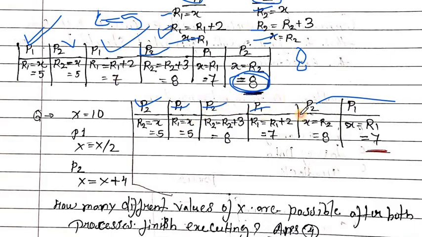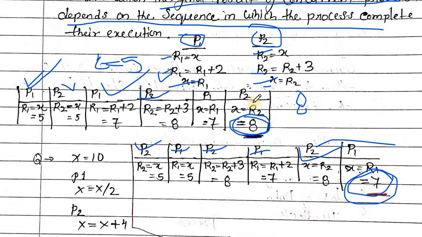Then at last P2 gets to run, X is equal to R2, which is 8, then P1 executes X is equal to R1, and the value becomes 7. Now we see that when we change the sequence of process execution, the final outcome varies. When P1 runs first, the value becomes 8. When P2 gets the chance first, the resulting value will be 7.